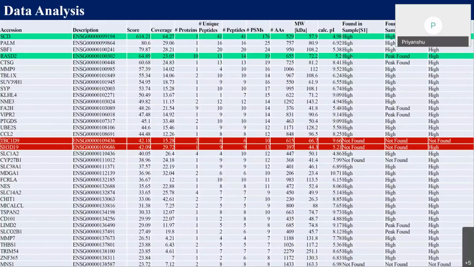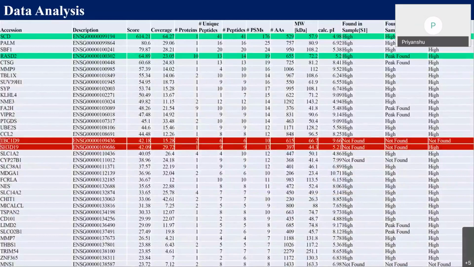You can use this as well for an interaction study per se. Once you exclude all these and keep the prominent interacting partners from the data sheet, you want to validate them further.